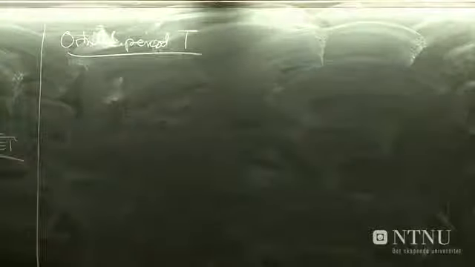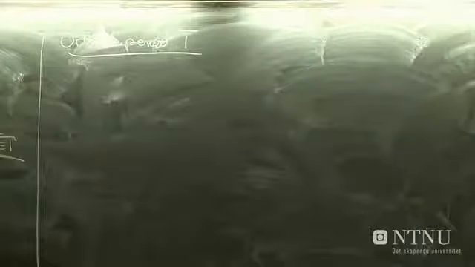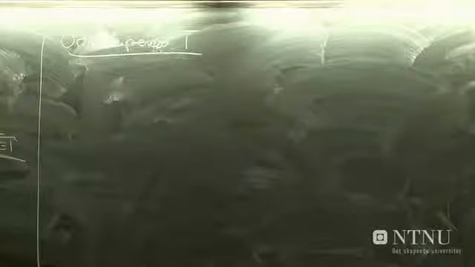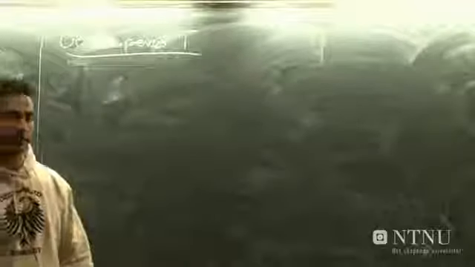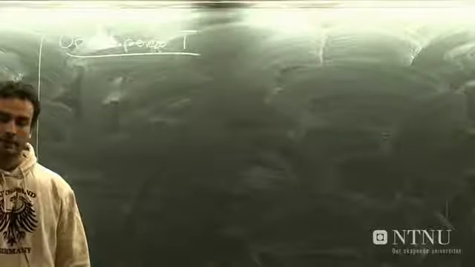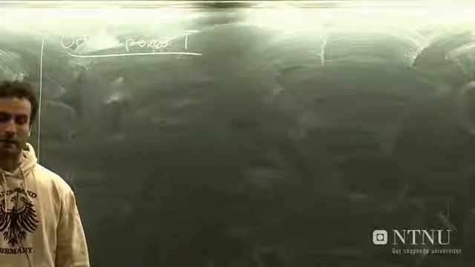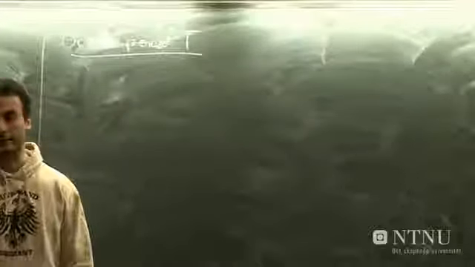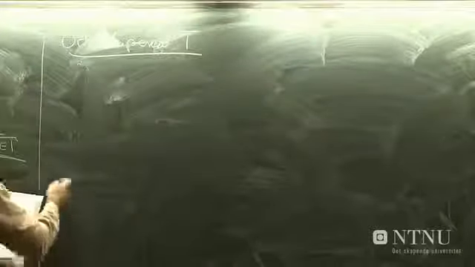If you recall, in the beginning when we first started to consider these central forces, we showed that the area swept during a finite time interval would be the same. It would be constant.